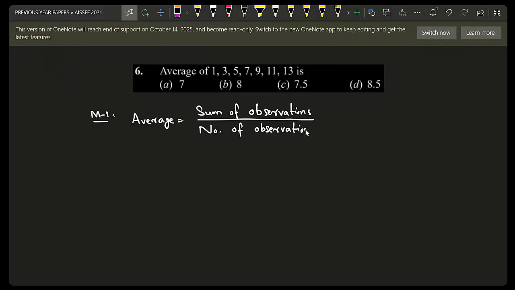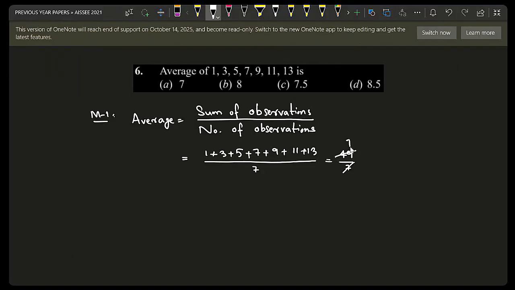If you use this, let us add all of them to get the sum. 1 plus 3 plus 5 plus 7 plus 9 plus 11 plus 13 divided by how many observations are there? There are 7 observations. So if you add all of them, you're going to get 49 divided by 7. 7 sevens are 49 and the average is 7. So the correct answer is A.